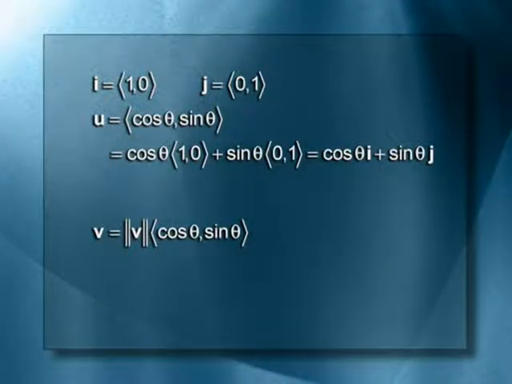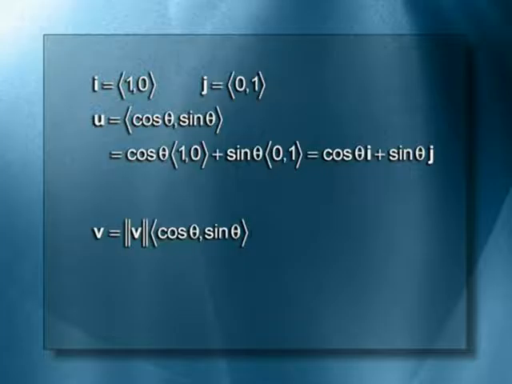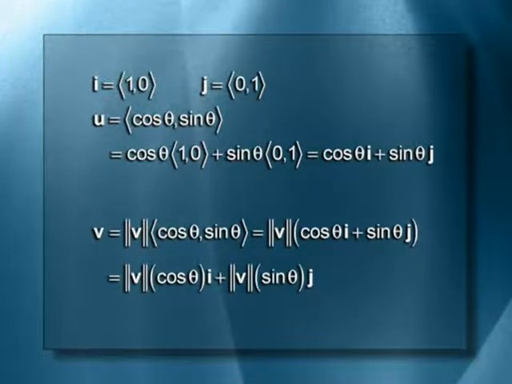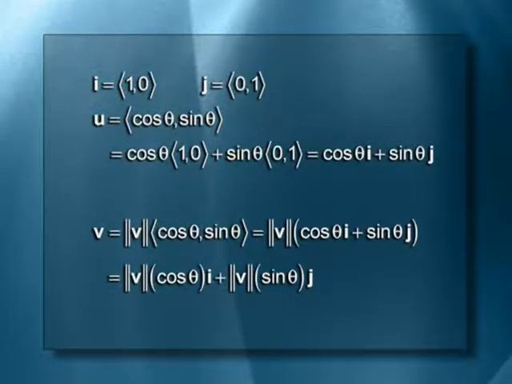So |v| times cosine theta, sine theta, and then you can do the manipulations and get |v| times cosine theta i plus sine theta j, often written as |v| cosine theta i plus |v| sine theta j. That's a very standard way of describing a vector v.